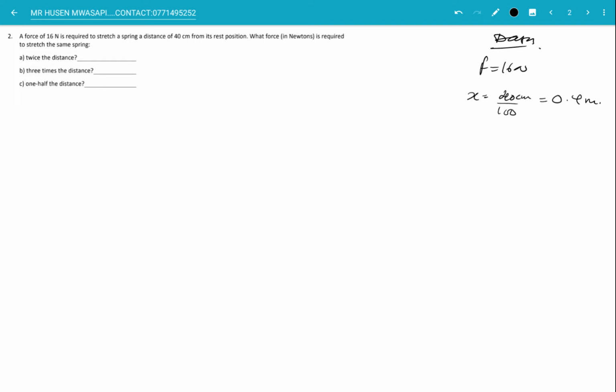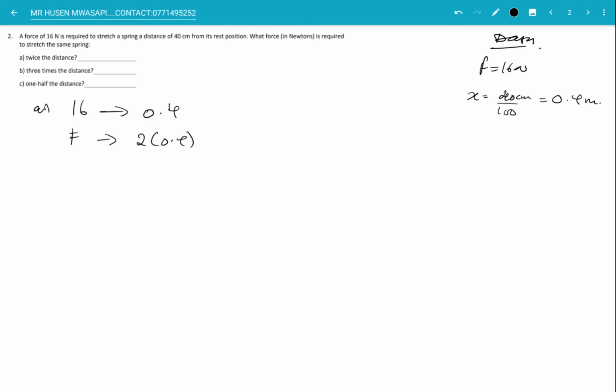Now what force in newtons is required to stretch the same spring twice the distance? Alright, so for A, let's use a direct proportional thing. Let's use ratios or variations. So we know that 16 newtons produce 0.4. Now, what force will give me a distance that will be 2 times the initial, so 2 times 0.4?